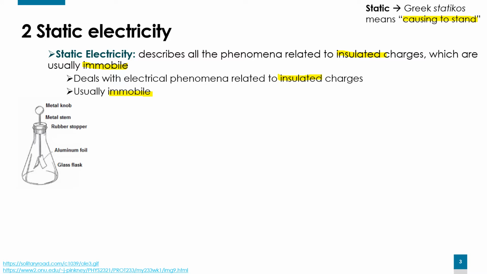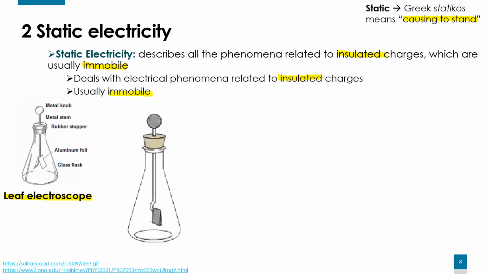Here there is an experiment for us to understand how it works. If you take this instrument, we call this a leaf electroscope. With this leaf electroscope, we can not measure, but understand the behavior of charges. So here, for example, I have this leaf electroscope with no charge at all.